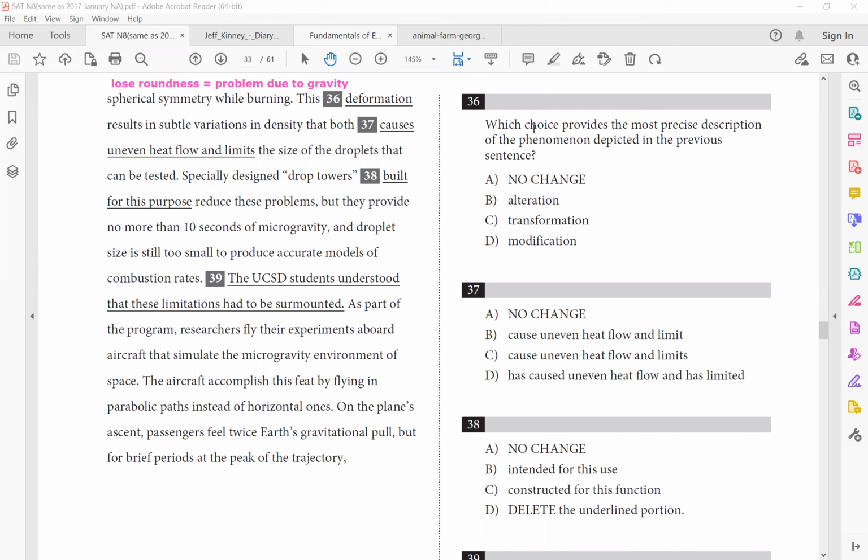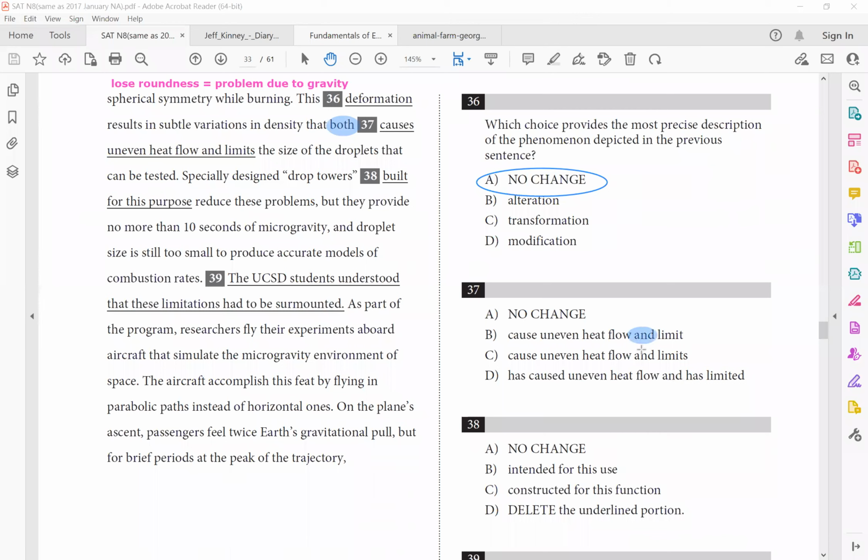Question 36 asks which provides the most precise description of the phenomenon depicted in the previous sentence, which is to lose its shape. Changing shape is deformation, which results in subtle variations in density that both blah, blah and blah, blah. We know both and is a paired conjunction.